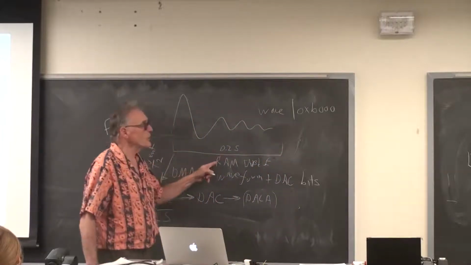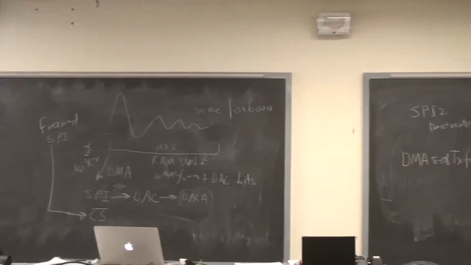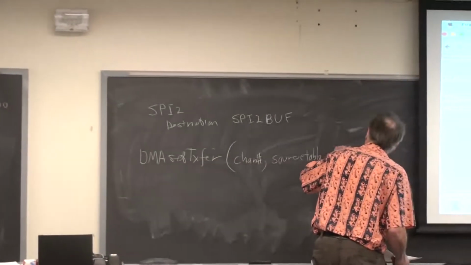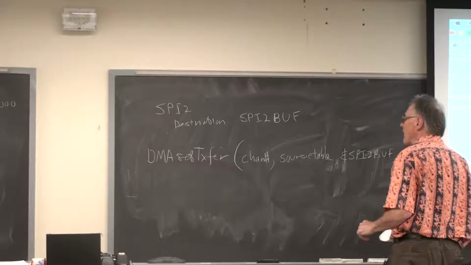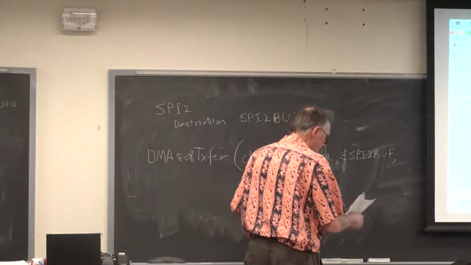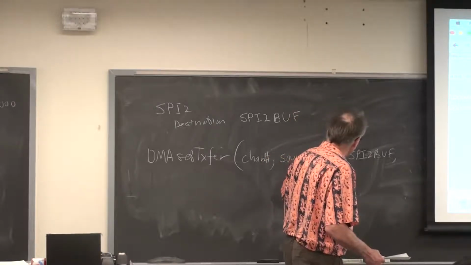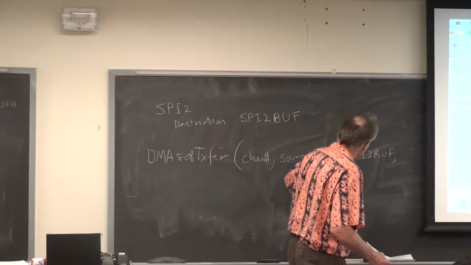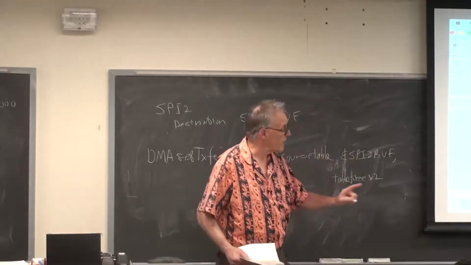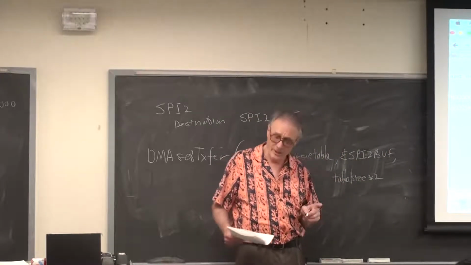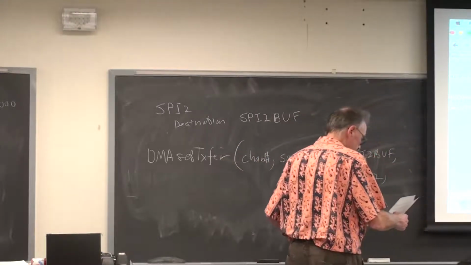Store that in the table so that when we barf this out to the ampersand SPI2 buff, we have the full formatted version, and the size is going to be table size times 2, because the counts here are always in bytes and you're sending 2 bytes at a time.